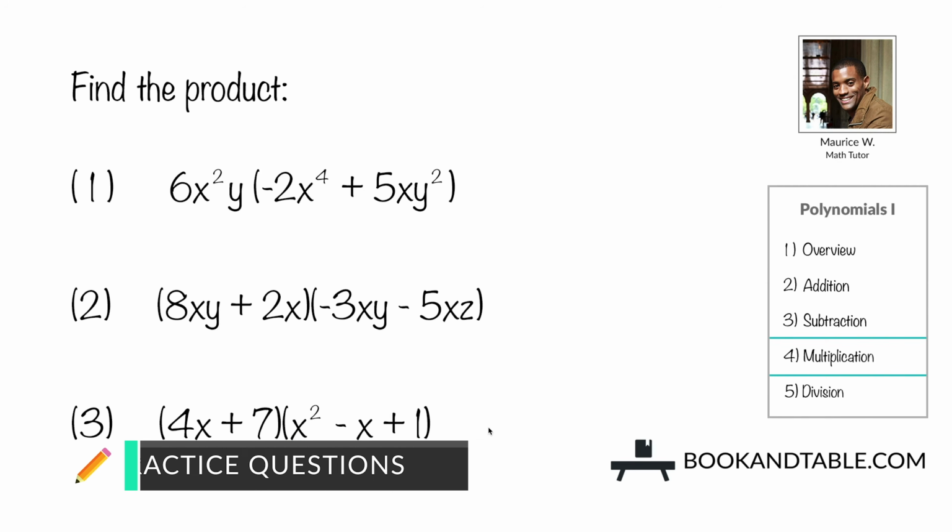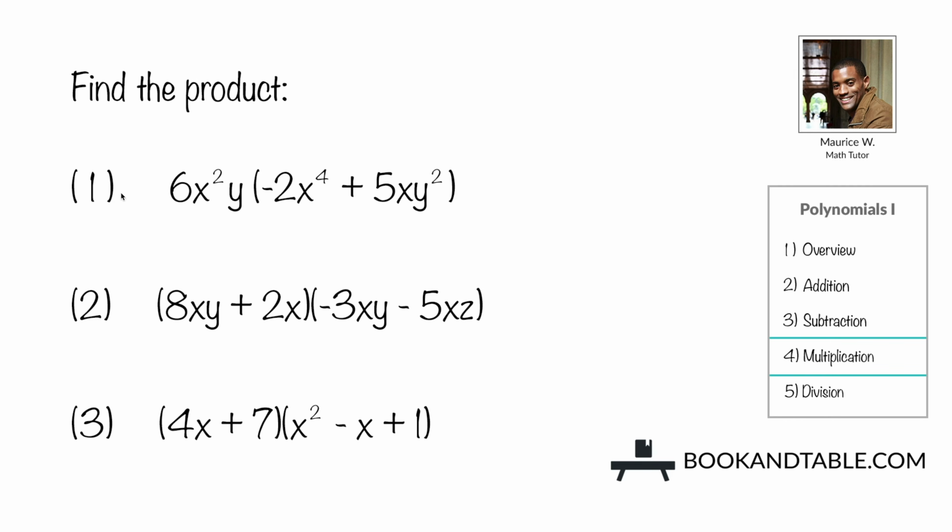Let's now have you try a few practice questions. Question number 1. Find the product of 6x squared y times negative 2x to the fourth plus 5xy squared. Question number 2.